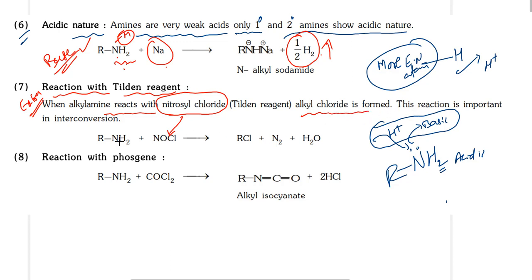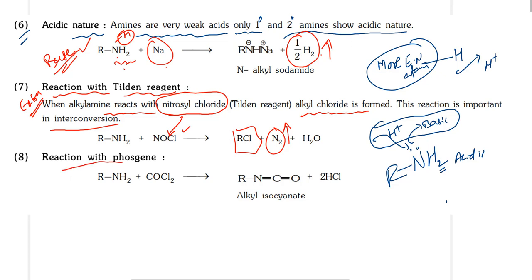This reaction is important in interconversion. Sometimes if you want to convert the molecule from amine to haloalkanes or alcohols, at that time you can use this method. Okay, then NOCl is liberating nitrogen gas, then it is forming alkyl halide.